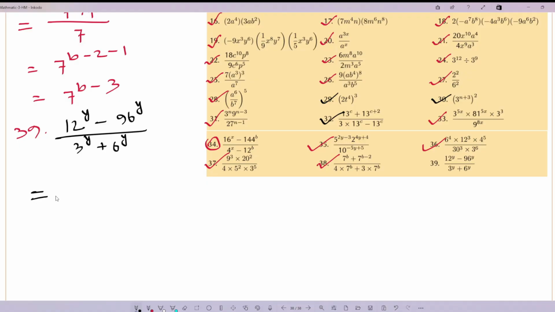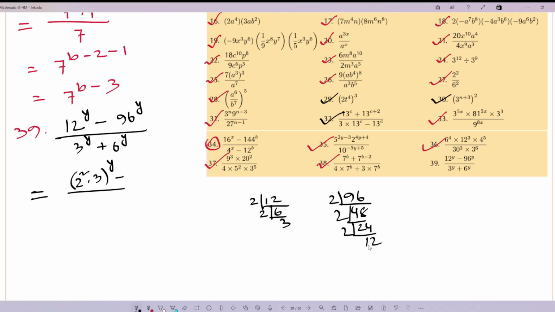First 12, if we prime factorize, divide by 2, so 6, again divide by 2, 3, so 2 square times 3 to the power y minus 96, if we divide by 2, so 48 divide by 2, 24 divide by 2, 12 divide by 2, 6, again divide by 2, 3, so 1 2 3 4 5, 2 to the power 5 times 3 to the power y.